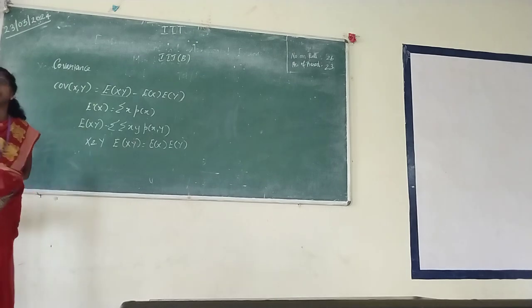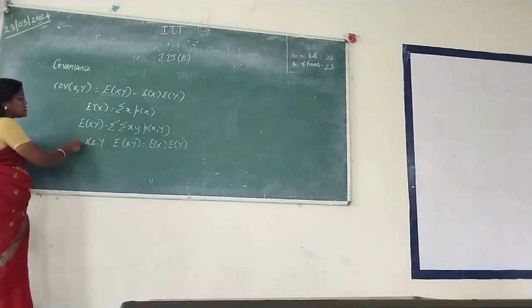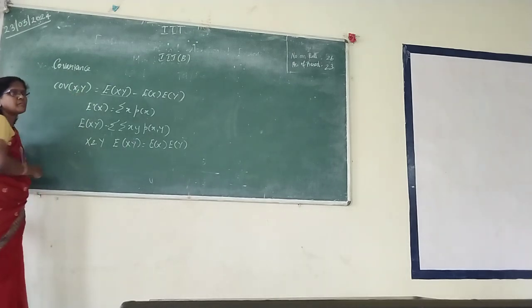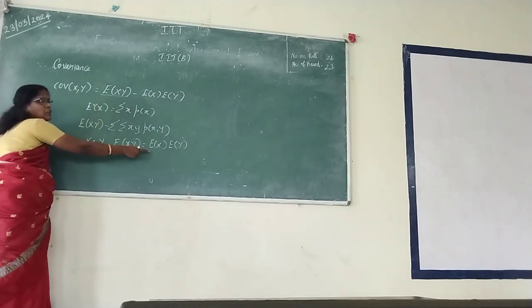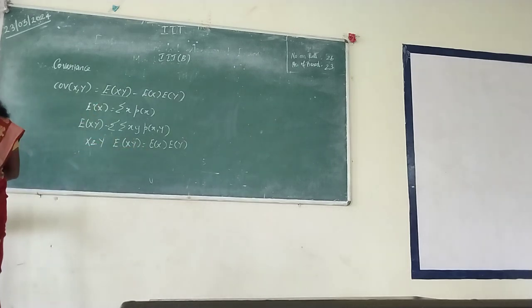So in this case, what will happen to covariance? It will become 0, because E of xy is the same as E of x into E of y. So if x and y are independent, the covariance value will become 0.